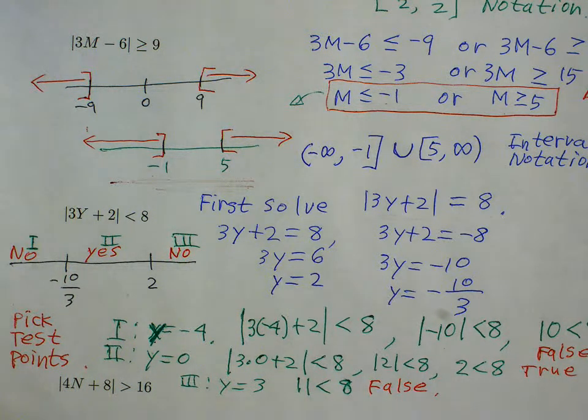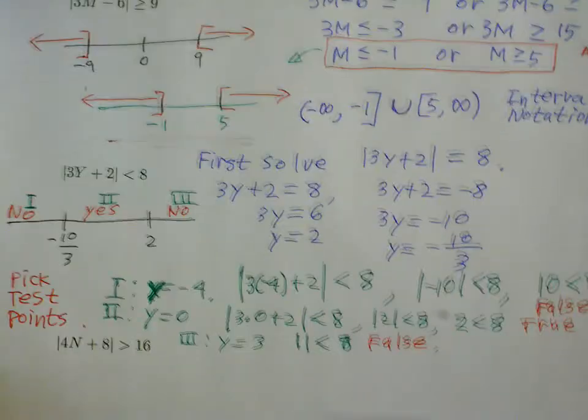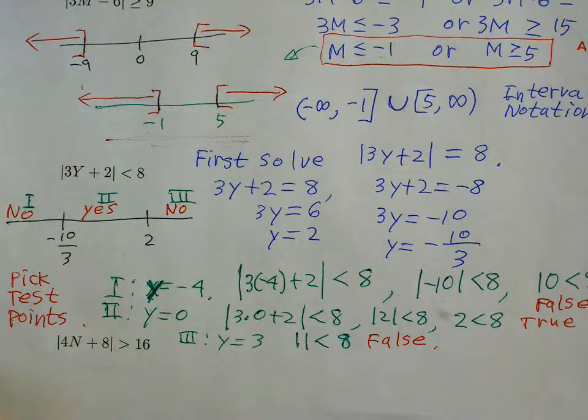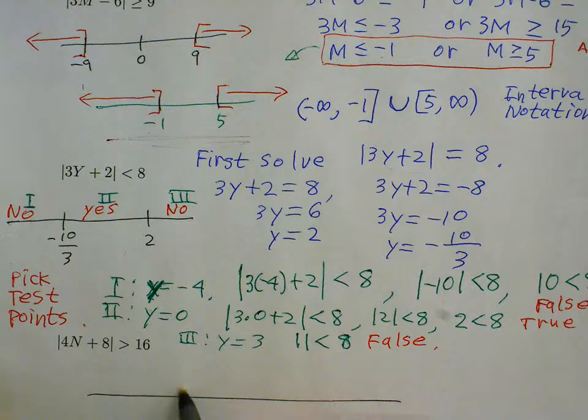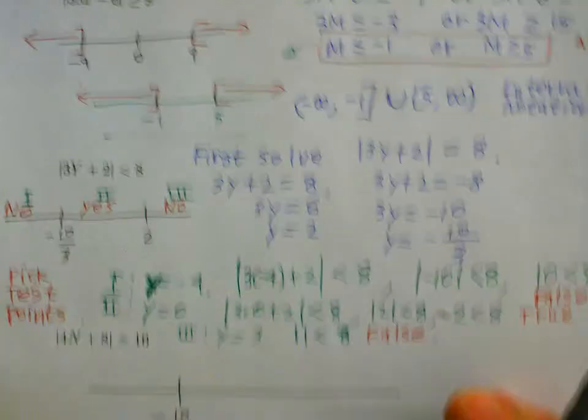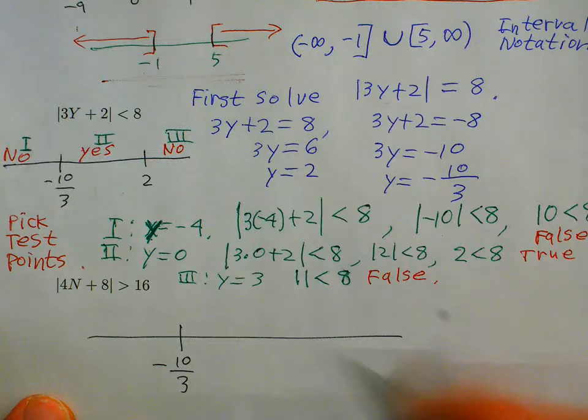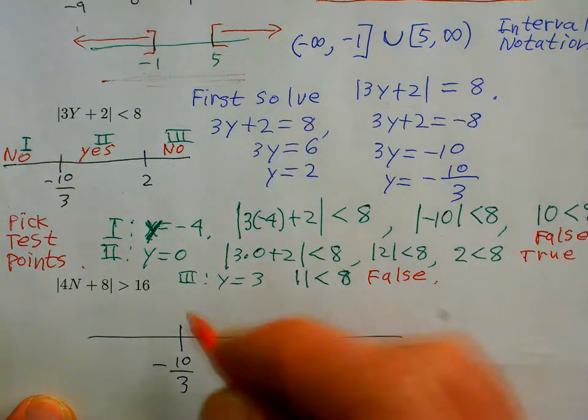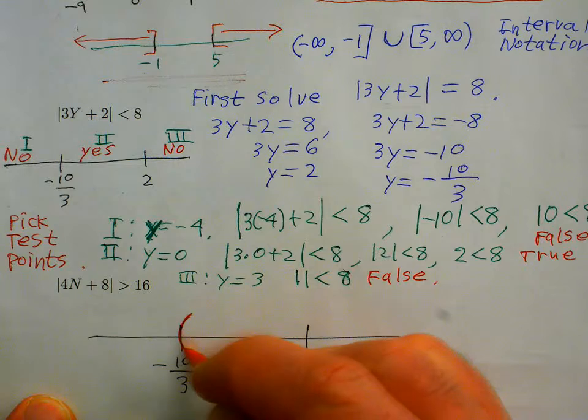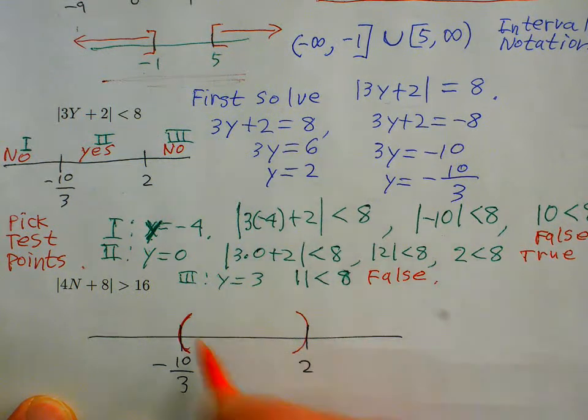So I've encroached on a different problem here, but I'm going to use its space. So graphically, our solution set are the numbers that are between negative 10/3 and 2. So graphically, we put a parenthesis at the endpoints to indicate that the endpoints are excluded.